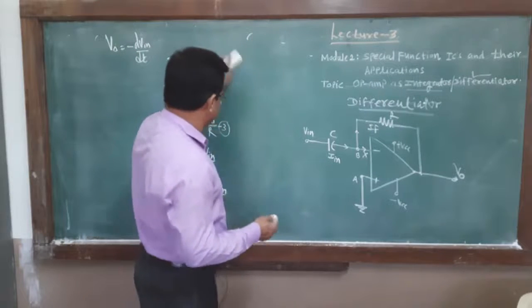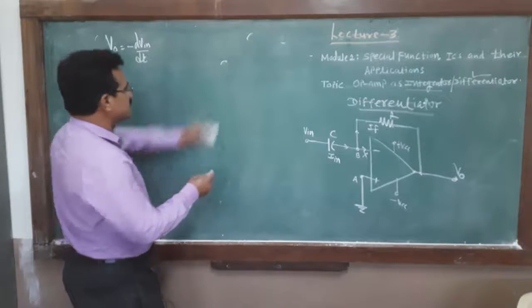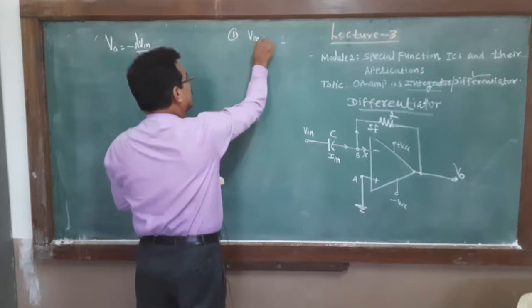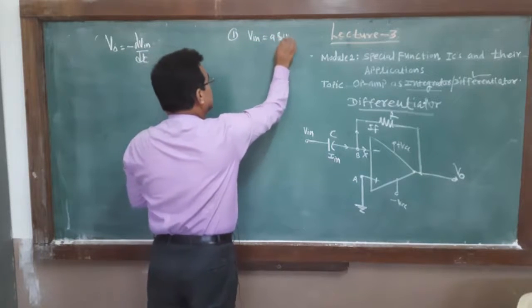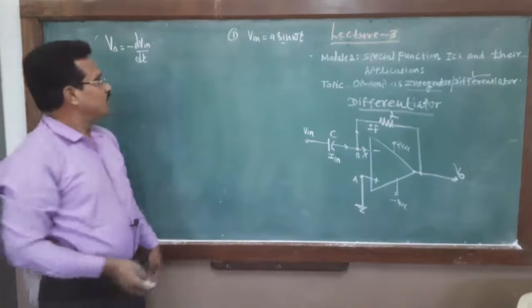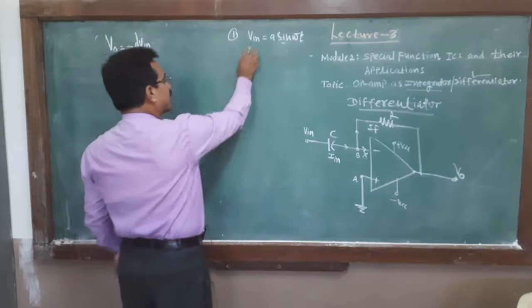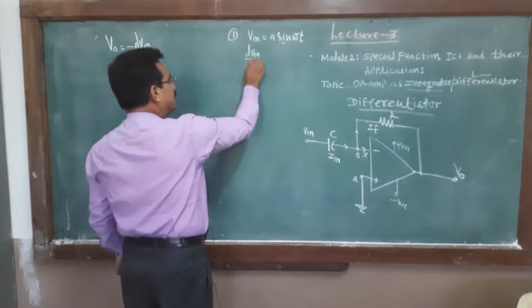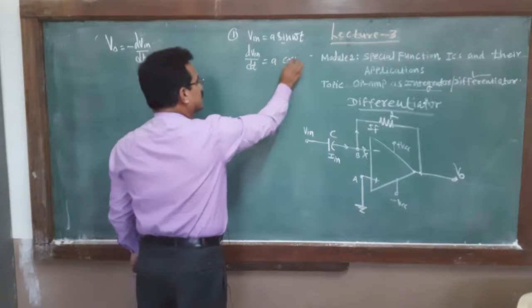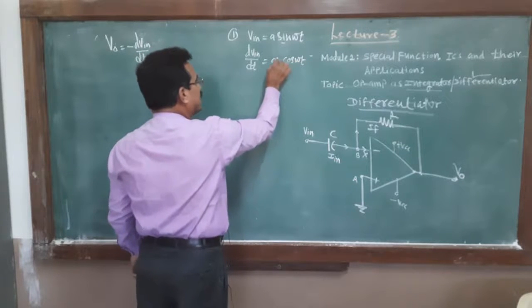Again, you remember that first point: suppose the input is equal to A sin omega t. What is the derivative of this? dVin by dt is equal to A cos omega t multiplied by omega.